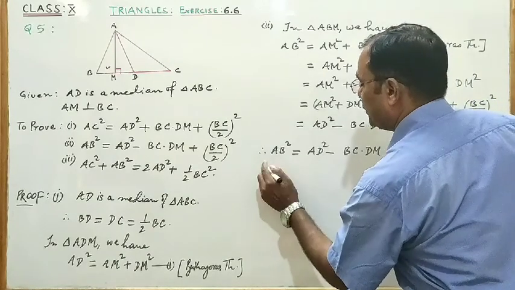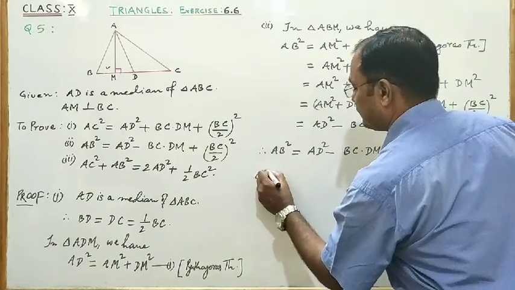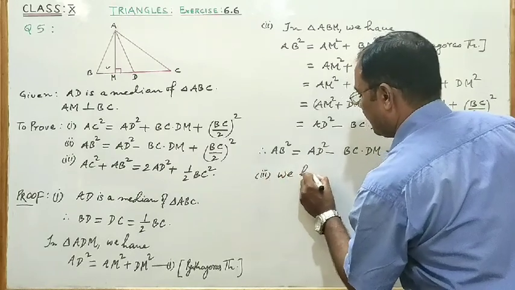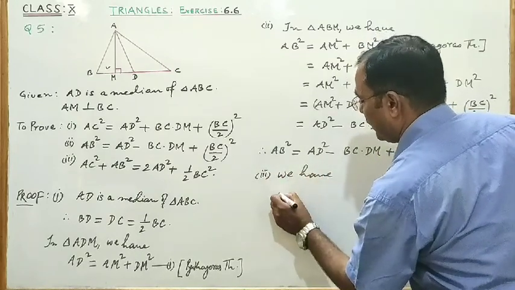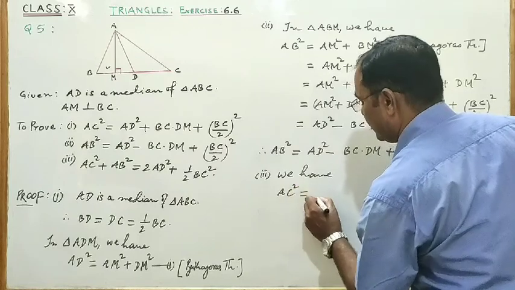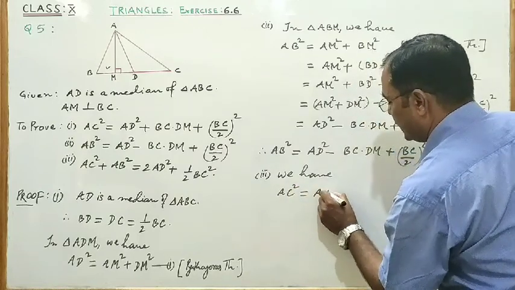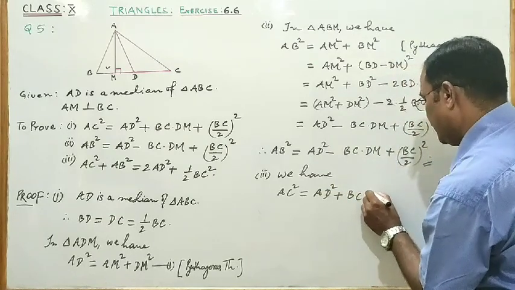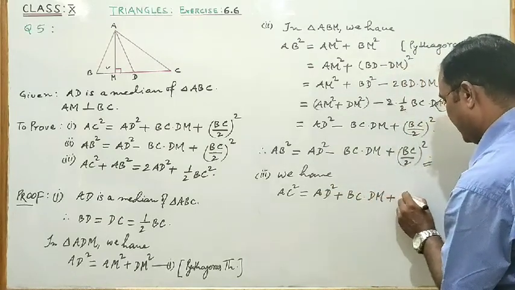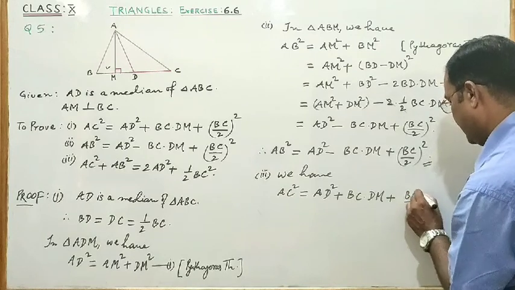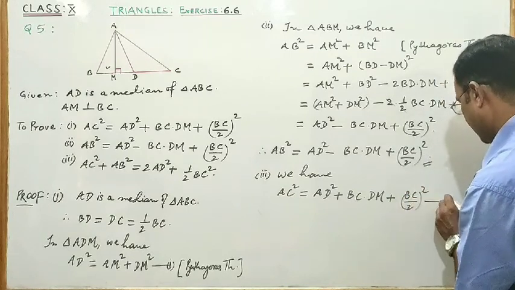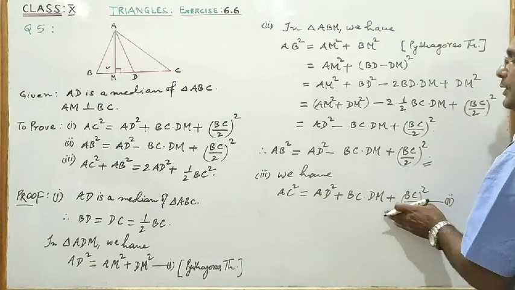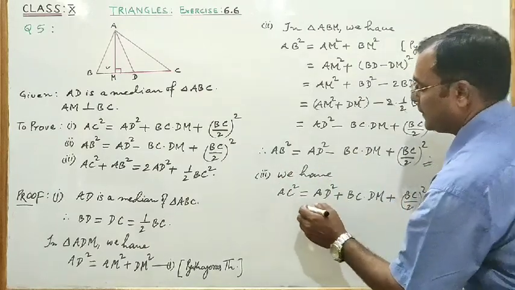Now we shall prove third part. Here we have AC square is equal to AD square plus BC into DM plus BC by 2 whole square, and let it be number 2, which we have proved in first part.